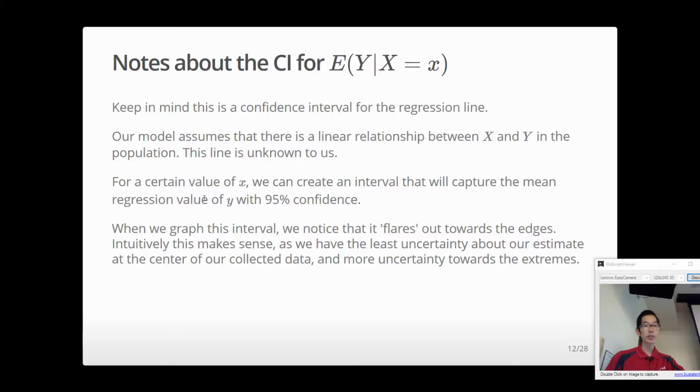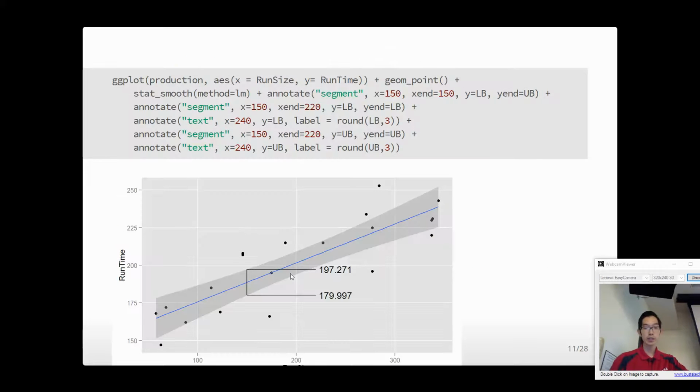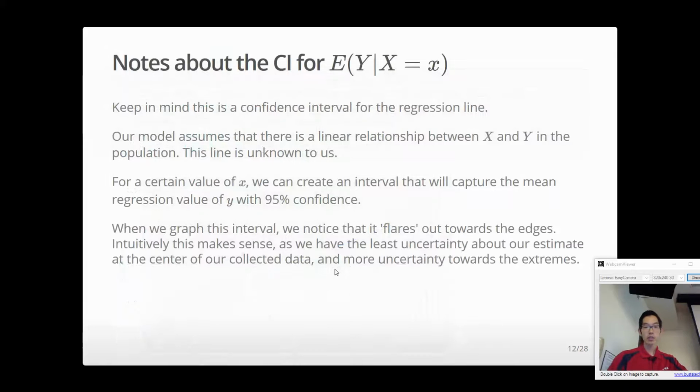And when we created the graph, we noticed that it flares out towards the end. Intuitively, I think this makes sense because we have the least amount of uncertainty in our line in the center of all of our data, x bar and y bar. As we go towards the edges, where we're far from x bar, we have more uncertainty, and so the confidence region flares out.